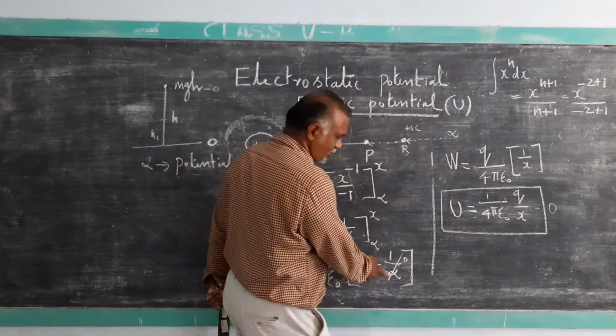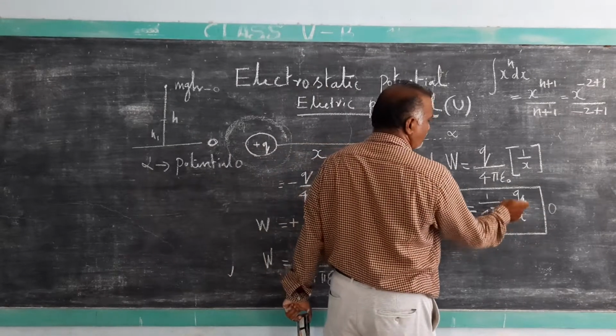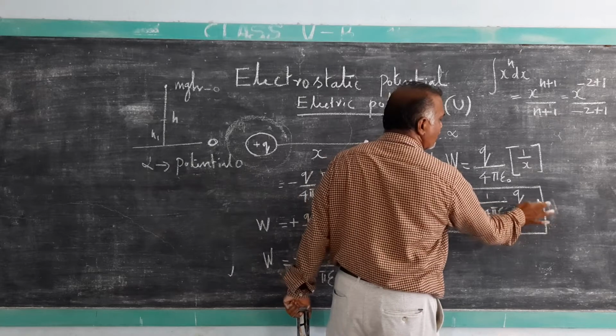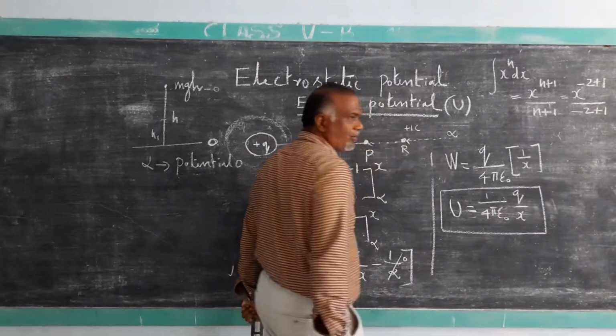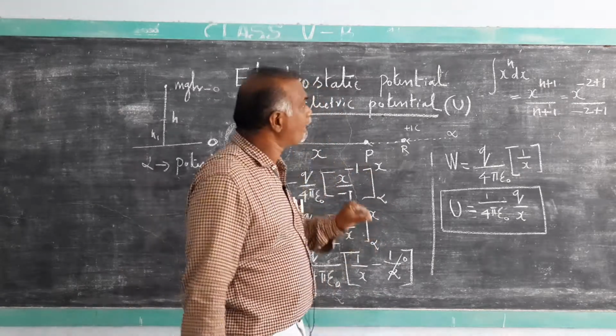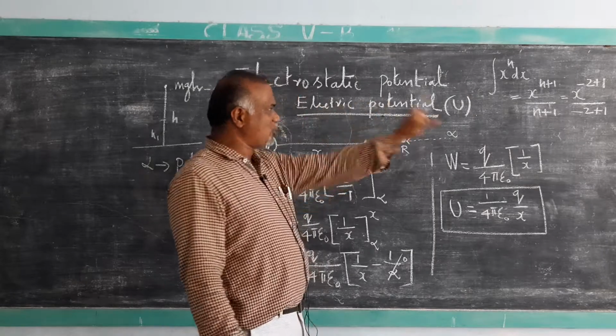If you substitute infinity, that is 0 only. So 1 by 4 pi epsilon naught q by x minus 0. We are not writing the 0, no problem, that is why they tell us in the definition to take a unit positive charge from infinity to that point, meaning from 0 potential to that point.